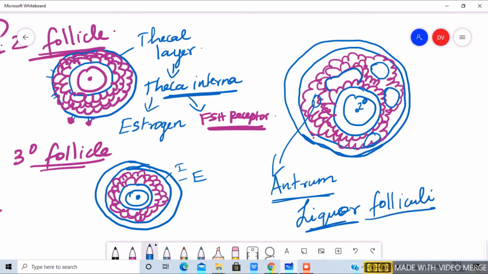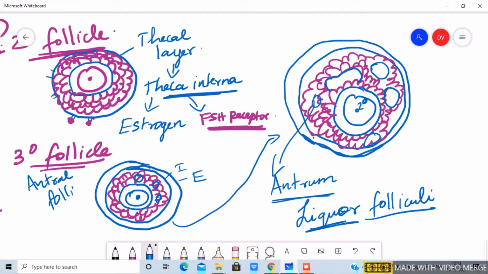Just make a note of it. So this fluid filled cavity is known as antrum. That is why sometimes you can also refer to this tertiary follicle as an antral follicle. This is how it looks exactly.